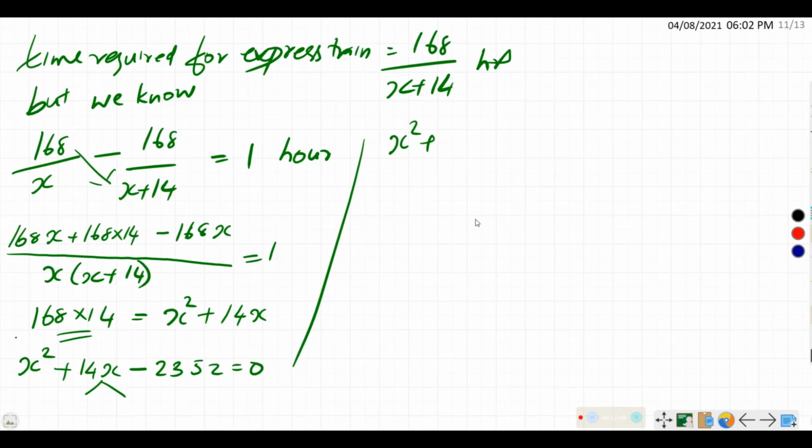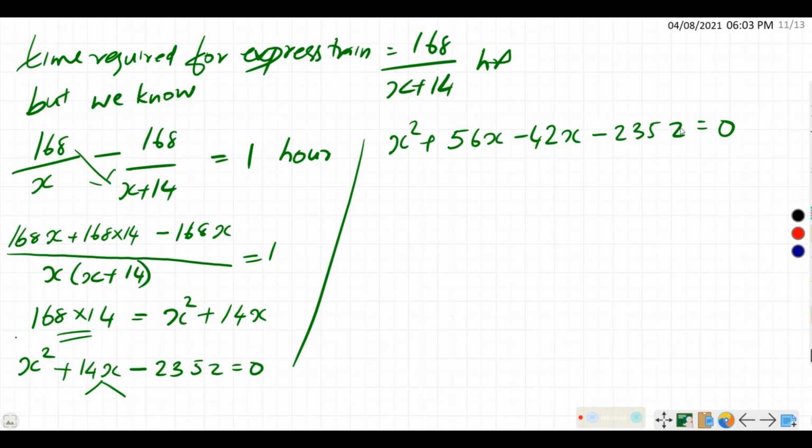We need 14x, so we will write 56 positive and negative 42. Then the 2352 will be as it is, equal to 0.